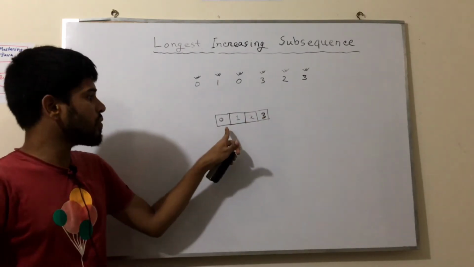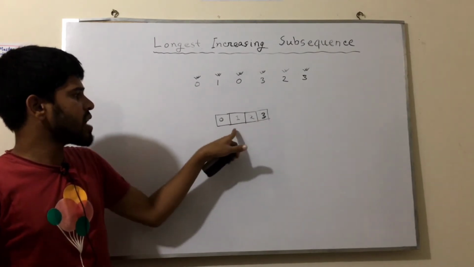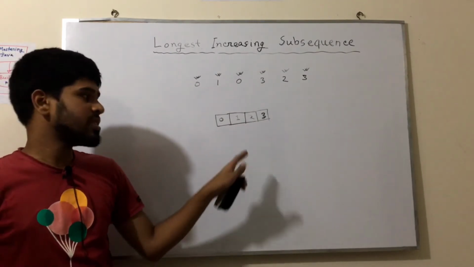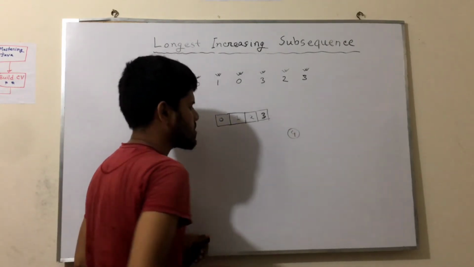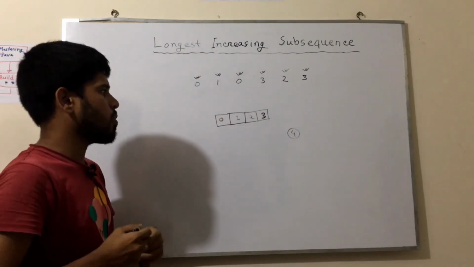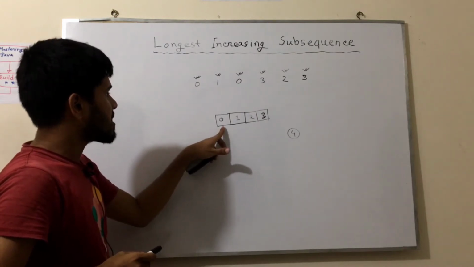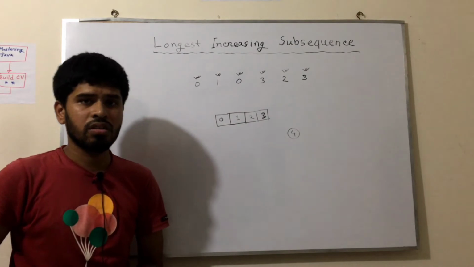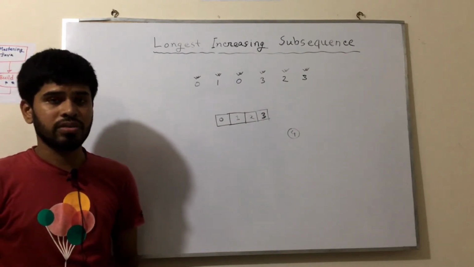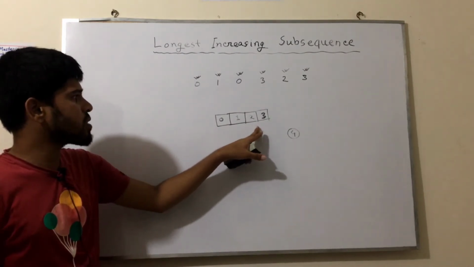So we find this list of length 4. The length is our answer. The length is the length of the longest increasing subsequence. But this is not our valid subsequence.